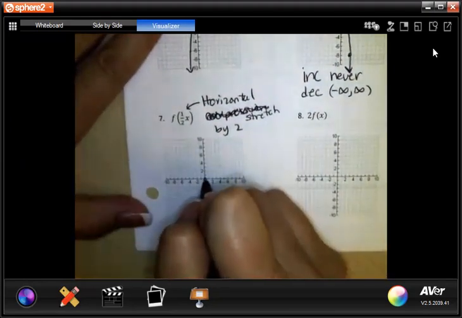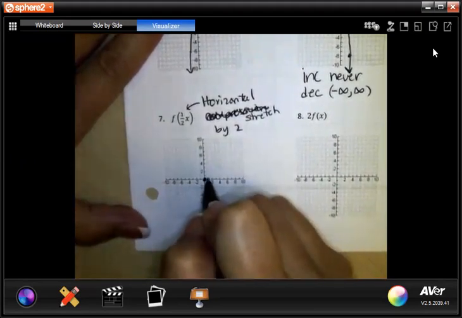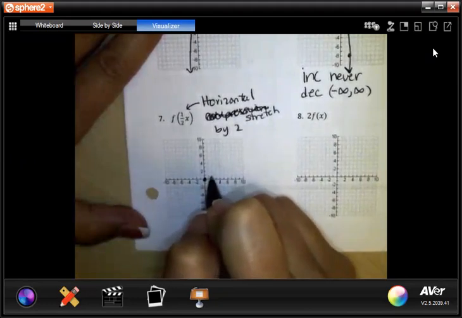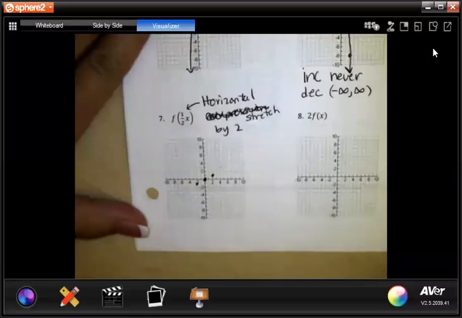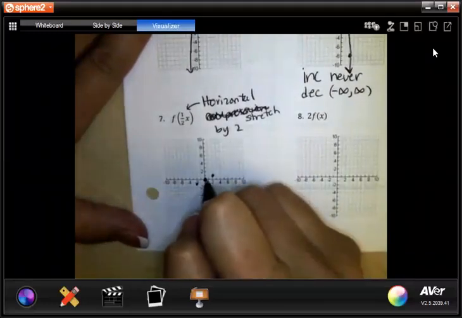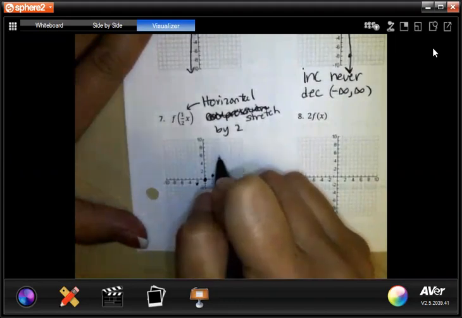When I multiply my 0, 0 times 2, that doesn't change anything, so I'm still at 0, 0. But instead of going to the right 1 and up 1, I would go to the right 2 and up 1 because I stretched it to the sides there. And then instead of going to the right 2 and up 8, I would go to the right 4 and up 8.